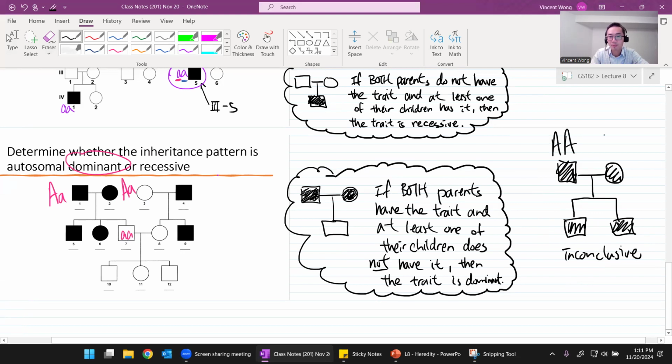They could be both big A, and then the whole family is big A. That's dominant. Or they could be small a, and the whole family is small a. So in a situation like this, you need to look at the bigger family tree in order to figure out what the inheritance pattern would be.